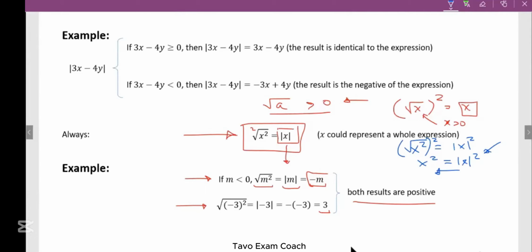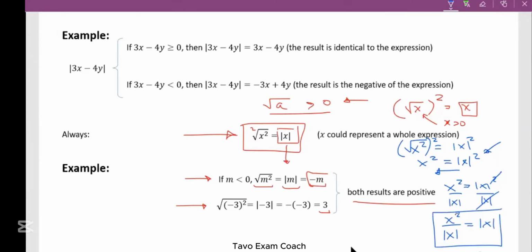Another possibility is that when you have this identity here, you can divide both sides of the identity by the same value, absolute value of x. When you do that here, you just get this equivalency. The square of some algebraic expression divided by the absolute value of the expression always equals the absolute value of that expression. So this is another way you can use the identity to simplify some algebraic expressions in problems.